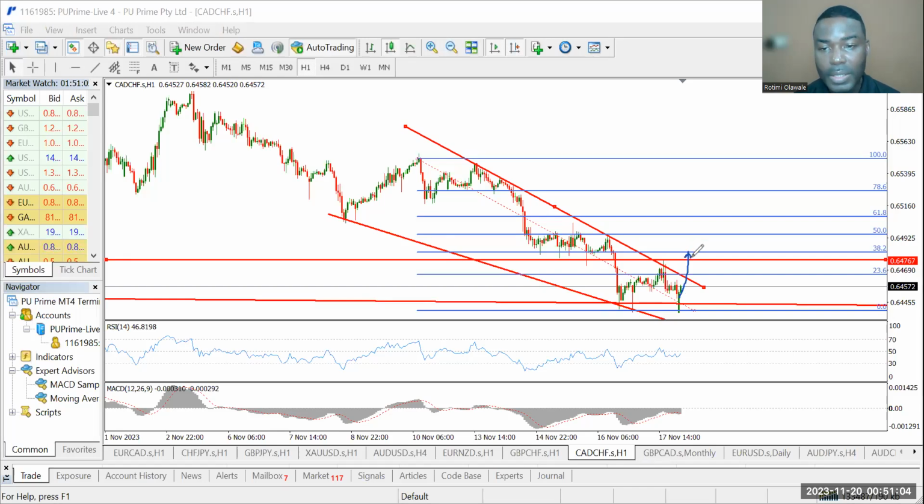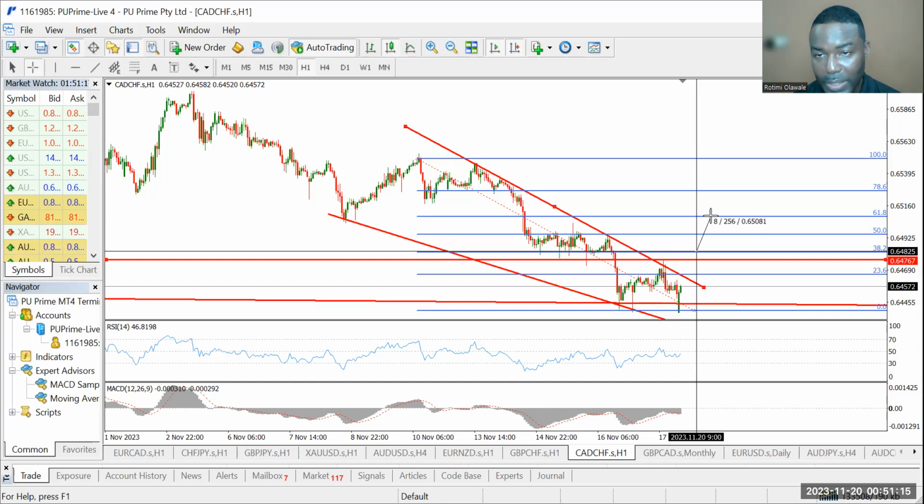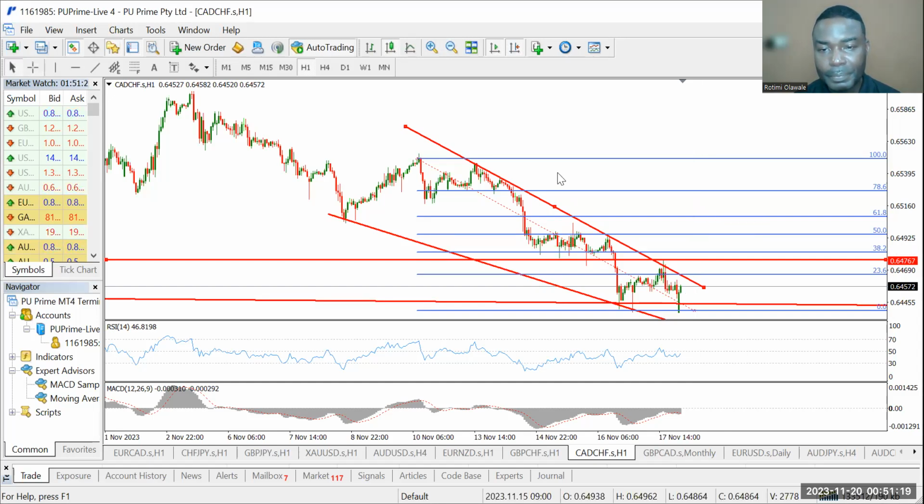That can also be your entry. So if you're using Fibonacci 38.2 as your entry, then your take profit level for Fibonacci 50 will be 12 pips, and to Fibonacci 61.8, that will be 25 pips.